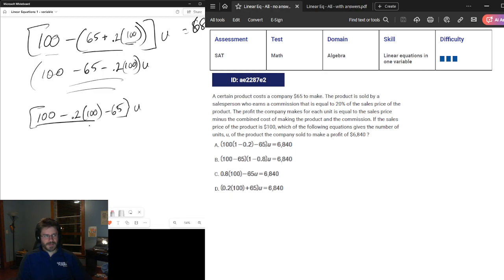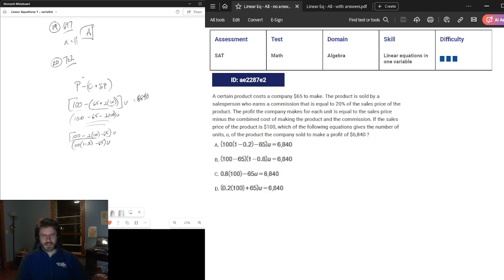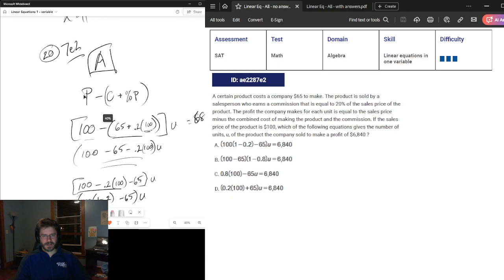Because these two terms have the 100 in it, you can actually write that as 100 times 1 minus 0.2. We can understand that as like 80% of the total. Minus 65. You can see where this is going, hopefully. And that indeed is going to be A. Yeah, I was pretty sure of it earlier, but I just wanted to confirm it with the algebra there.